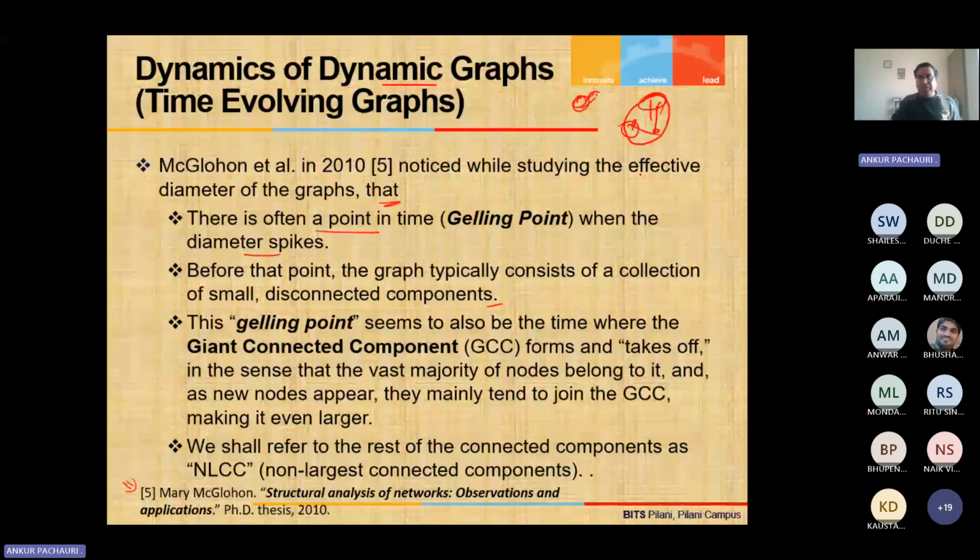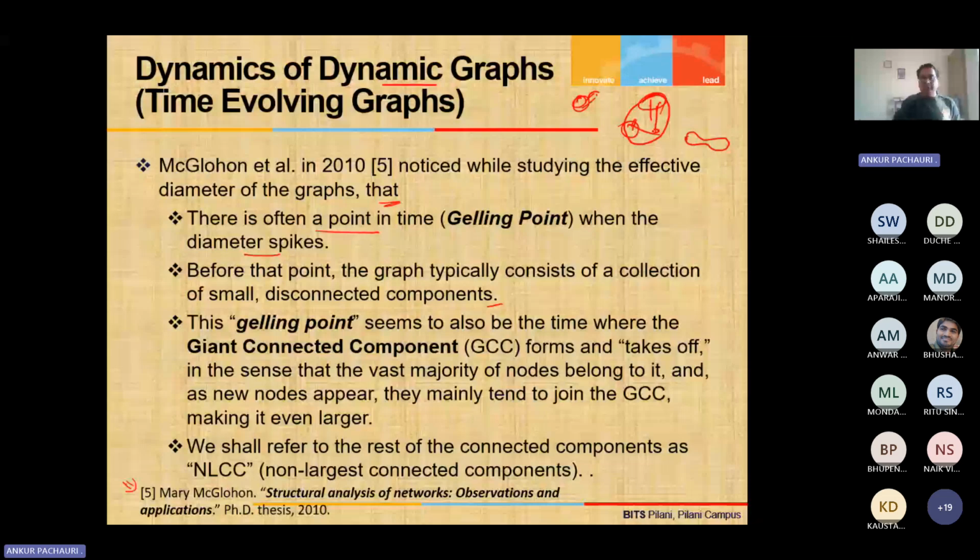Initially there were two components connected together by a single edge. This whole bunch and that bunch were connected by a single edge.